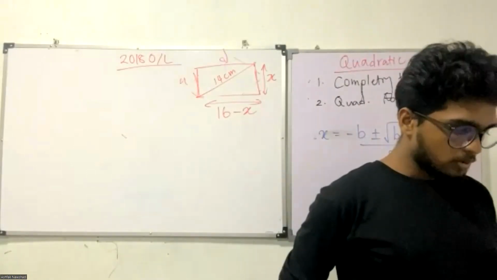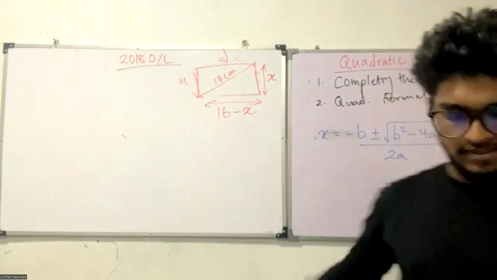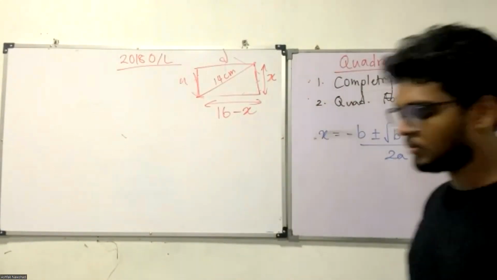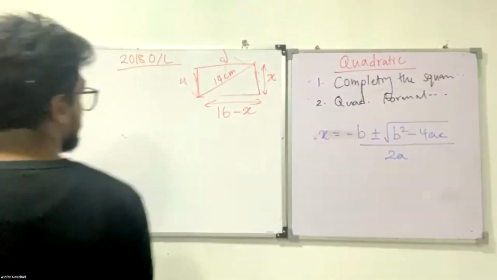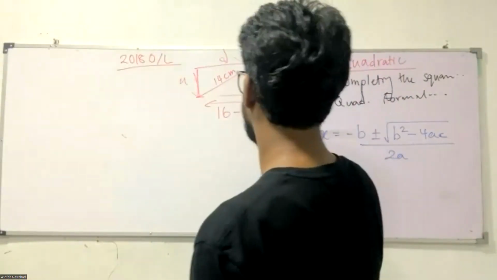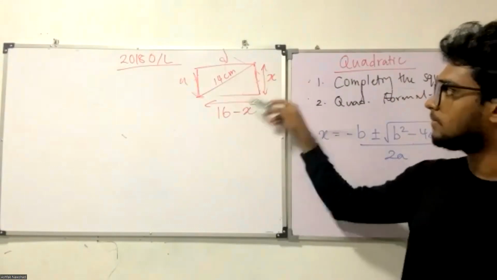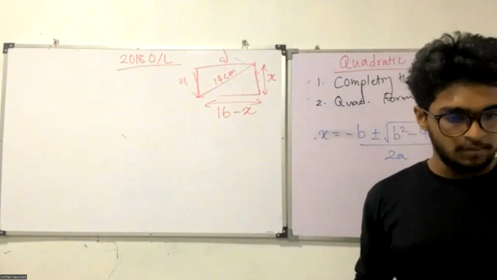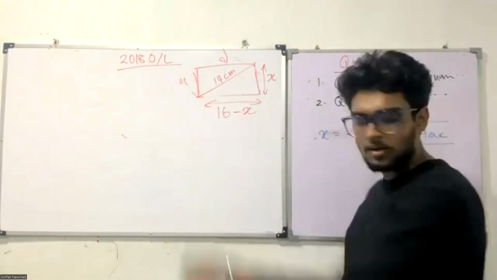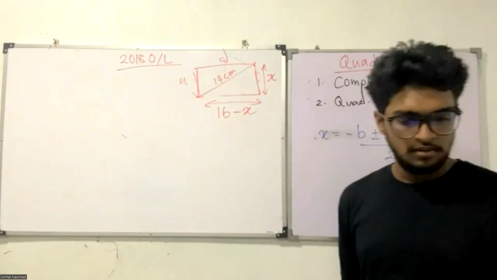Now let's see. Show that when the breadth is taken as x, it satisfies the quadratic equation. They have given you a quadratic equation. Before taking the quadratic equation, this is a rectangle. They have given us nothing about the area. So what do we use to generate the quadratic equation? Which formula?